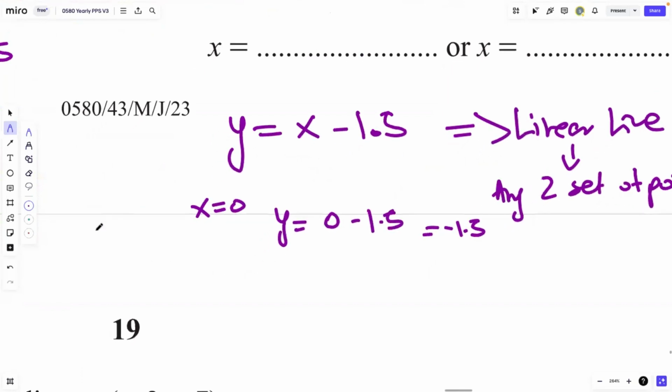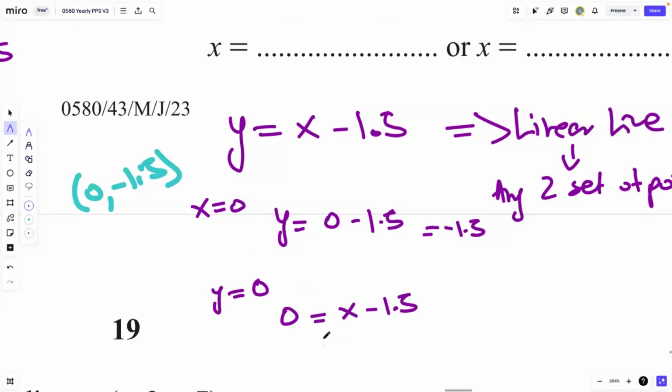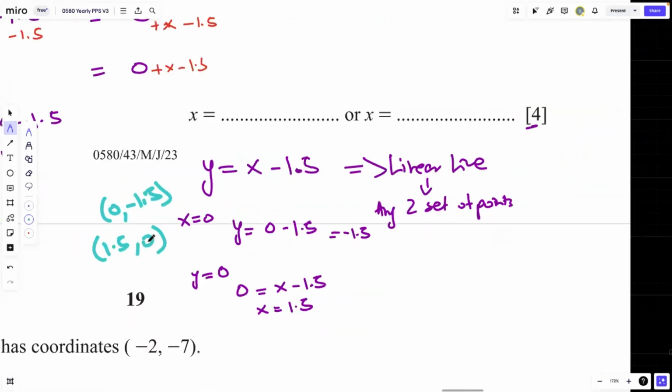So that makes one point 0 comma negative 1.5. And the most common other point is y = 0. When I plug y = 0, I get x to be 1.5. So the other point I'm getting is 1.5 comma 0. Those are the two points.